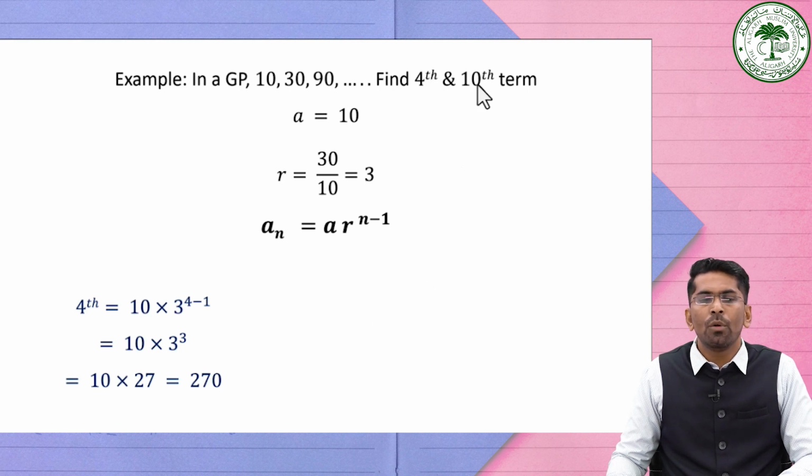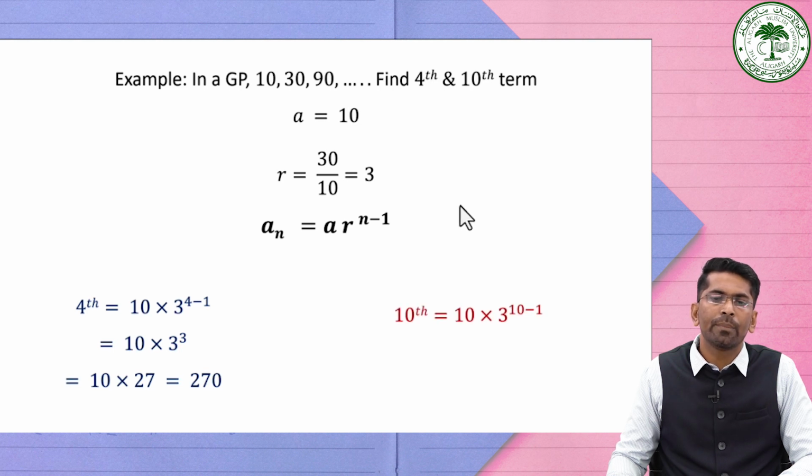Similarly, we also want to find out the 10th term. See, the 10th term of this given geometric progression is 10 into 3, that is the common ratio R, raised to the power 10 minus 1, as we want to find the 10th term.